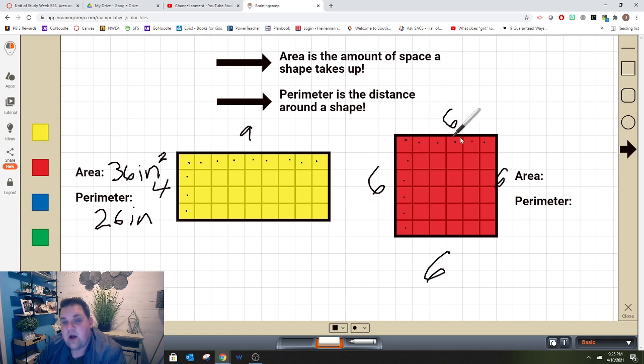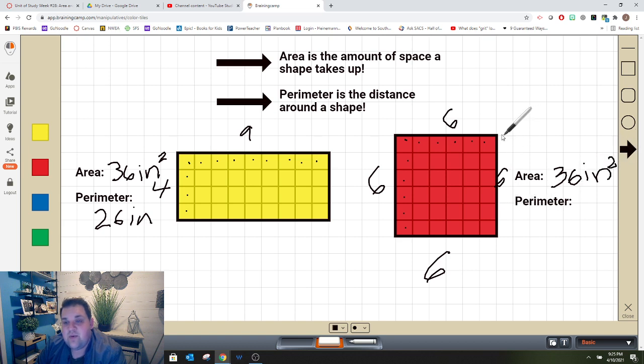So I can count all of these boxes inside, these square inches, or I can multiply 6 times 6, and it'll get me the same answer. If you take one side, the length, times the width, it will get you the area. So 6 times 6 is 36. And again, that's inches squared.